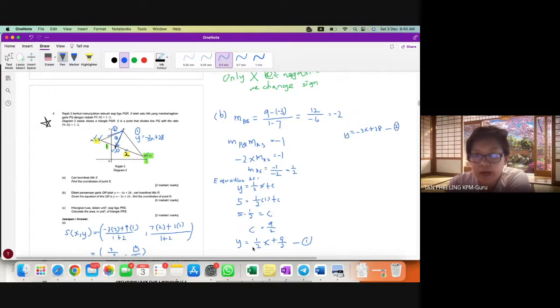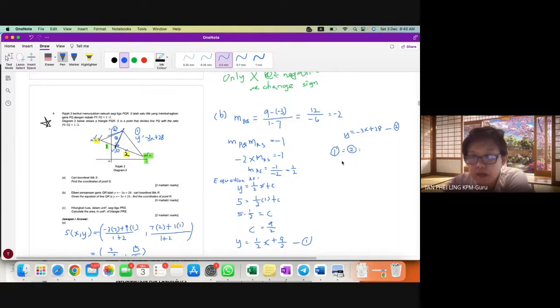So they are both y, isn't it? So I can say that 1 equals 2. Why 1 equals 2? Because I make them the same. Once I make them the same, I can happily solve for the intersection point.